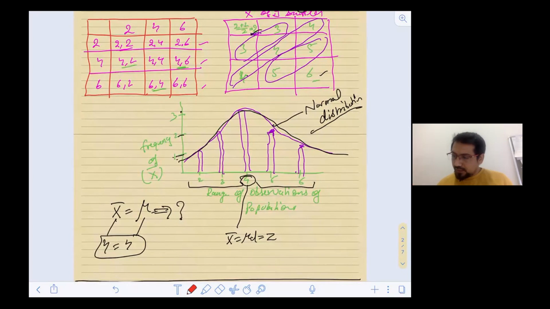We found the mean of the samples, and then we put them on the scale. And here we put the frequency, and then we saw how many times 2 appeared. So 2 appeared once, so we put 1 here. 3 appeared 2 times, so we put 2. Likewise 4 here, and then 5 appeared 2 times, 6 appeared 1.